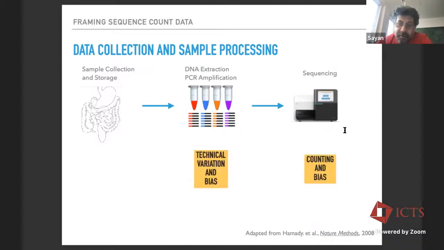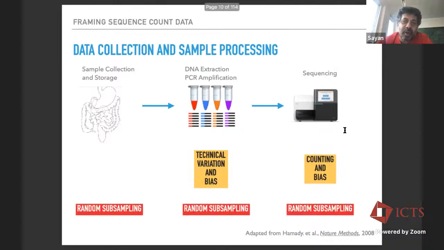Now, there's so much noise in all of this. In sequencing, there are problems with counting and bias in terms of random subsampling. There's the issue of technical variation and bias, again random sampling.